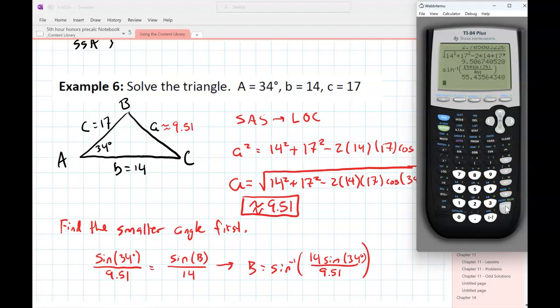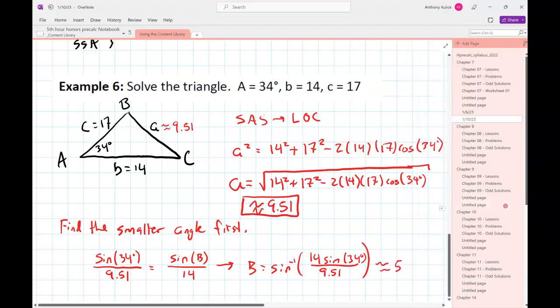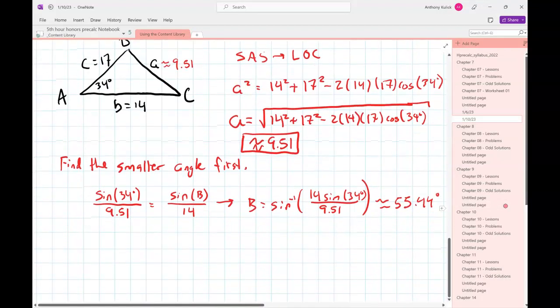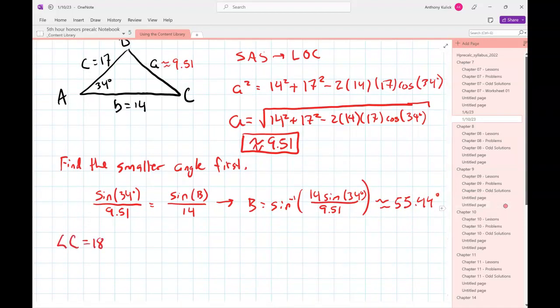So I get 55.44. And now that I have two of the three angles, I can solve for the third one. What's that got to be, like 90.56.